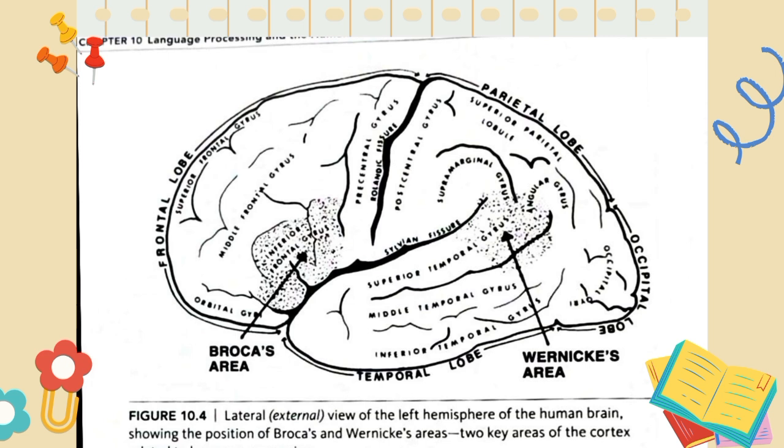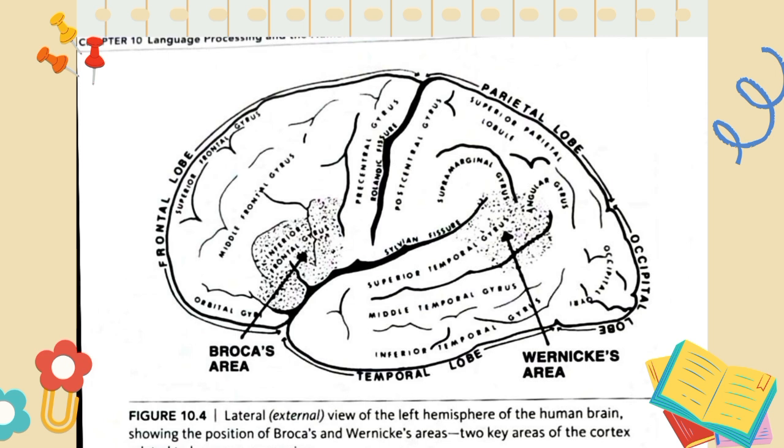The image shows its position in the inferior frontal gyrus. It is primarily involved in the production of speech. It helps in planning and coordinating the muscle movements necessary for articulate speech. Damage to Broca's area can lead to Broca's aphasia, characterized by difficulty producing fluent speech, although comprehension may remain relatively intact.